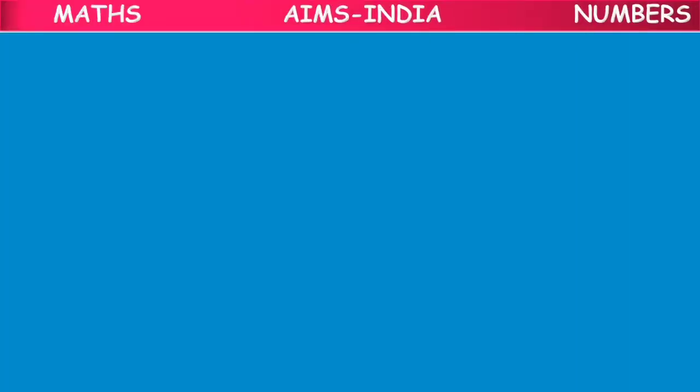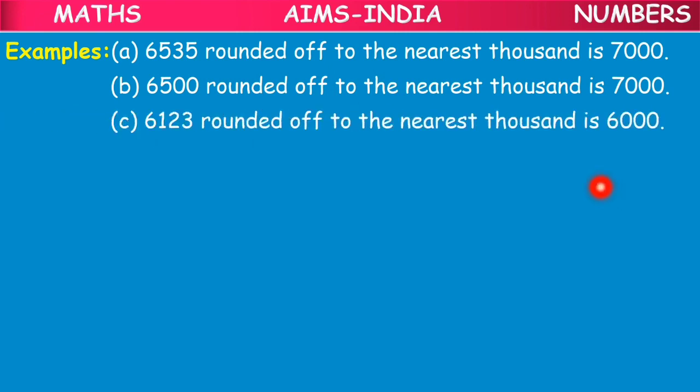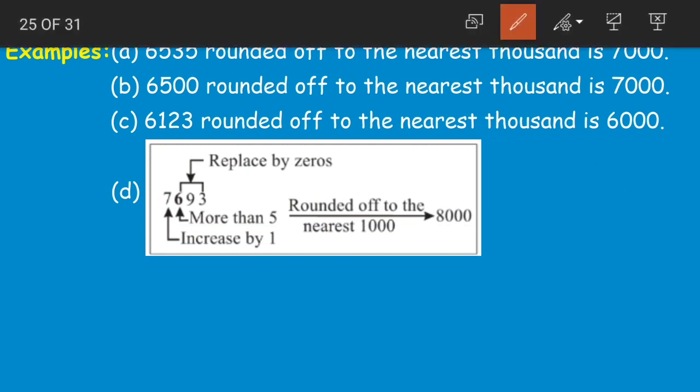Let us look at a few examples of how to round off the numbers. First example: 6535 rounded off to the nearest thousand is 7000, and 6500 rounded off to the nearest thousand is again 7000. See, here we have 6535.